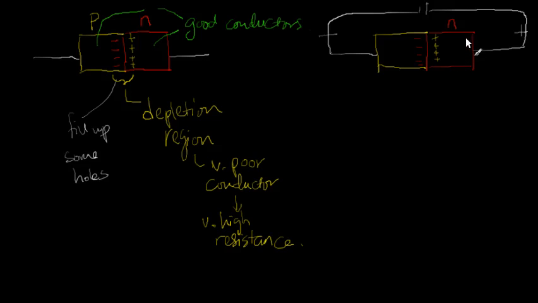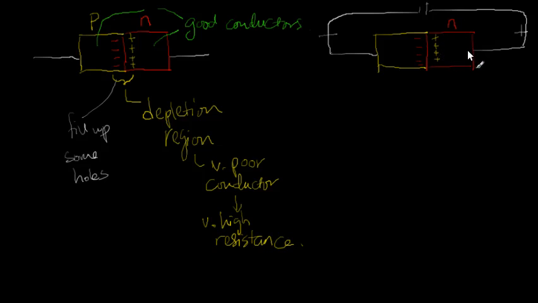So it has electrons that can carry current. If this is connected to the positive pole of a battery, it means that these electrons will be attracted to move to the positive pole. These electrons will be attracted to move out of the n-type conductor.